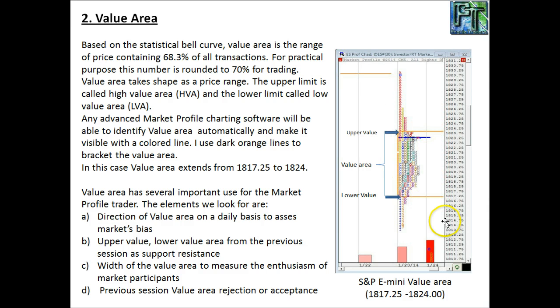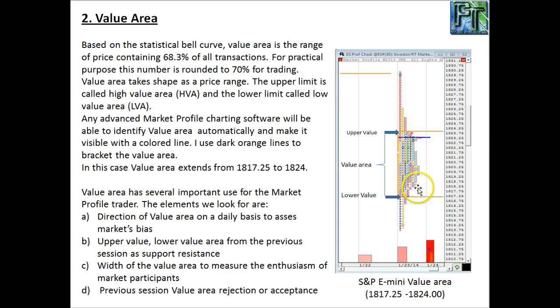So to make a long story short, and not going too much into the exact details of the trading application of it, you want to know that value area high, value area low, and the point of control are all very, very important, valuable support and resistance levels based on the previous day when you enter the market the following day.